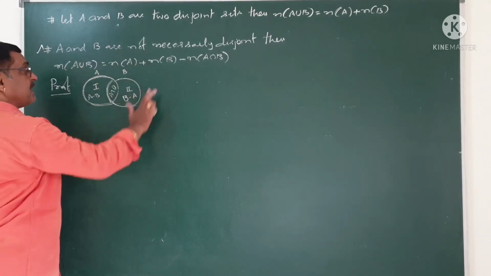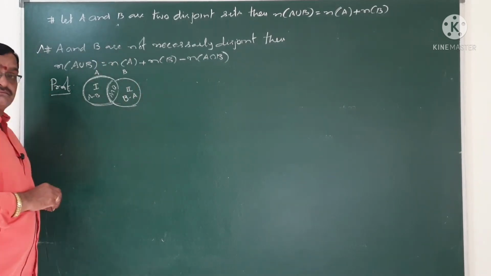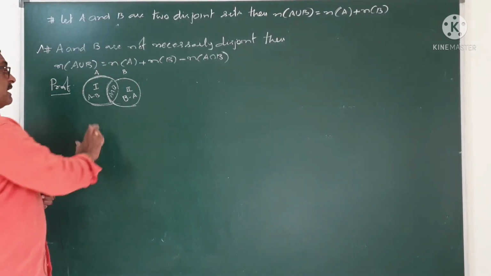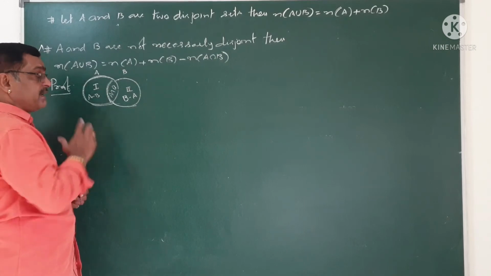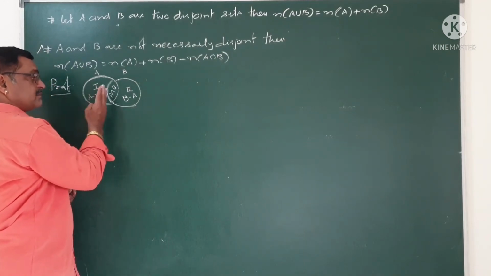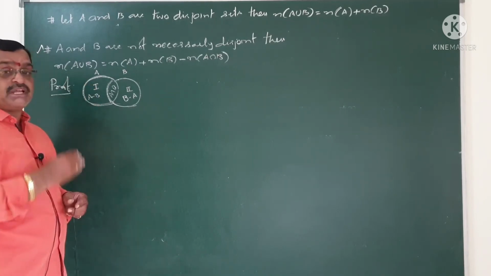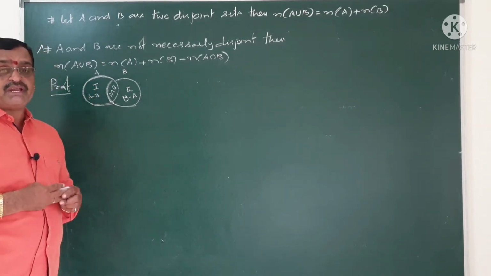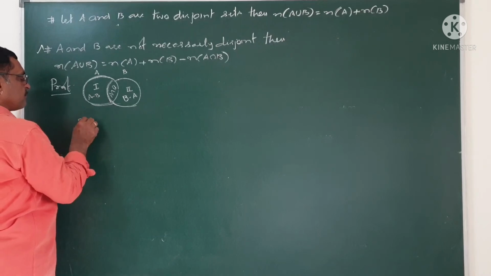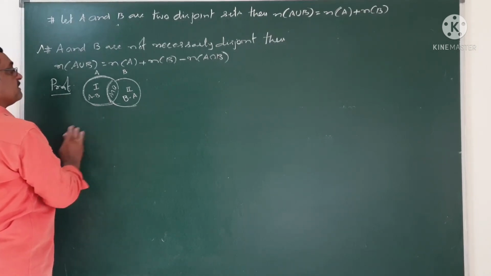Therefore, my entire A union B is divided into 3 parts. First part is A minus B, second part is A intersection B, and the third part is B minus A. So I can go and write it.